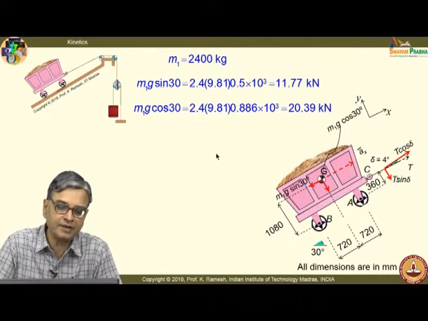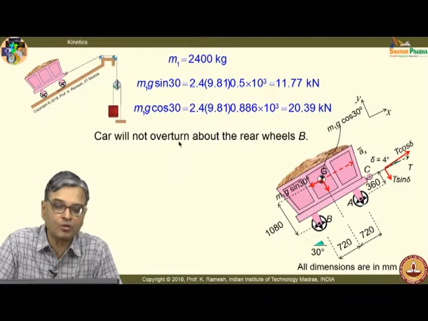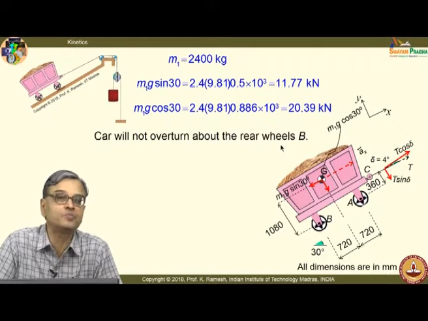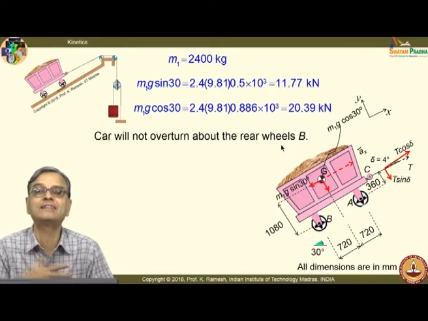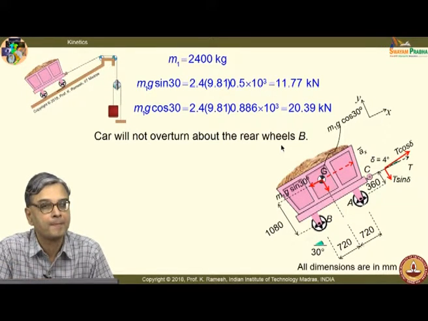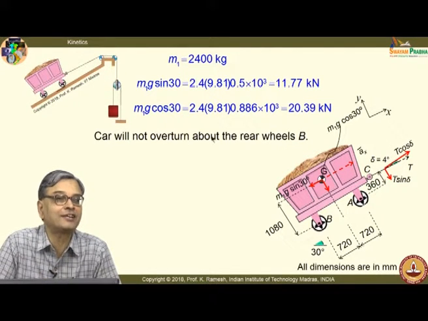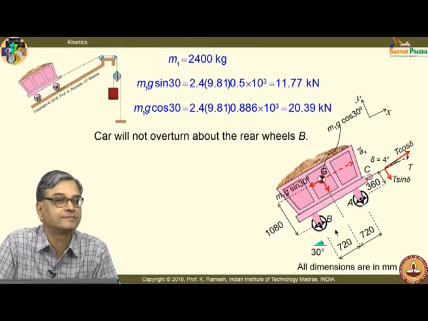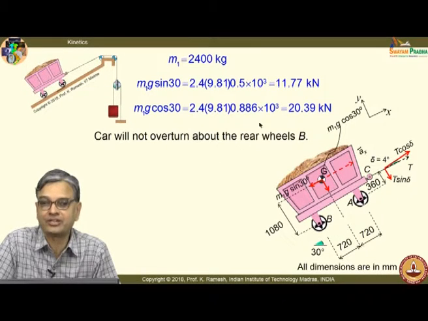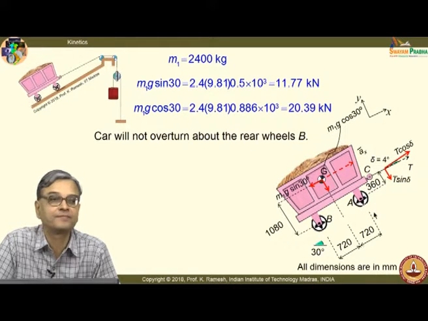Now, what is the statement in the problem? The cart will not overturn about the rear wheels B. How do you translate this into your expression? This is the statement that you need to understand and translate into mathematics. We have to look at the limiting condition. What should be the force interaction at B and what should be the force interaction at A?